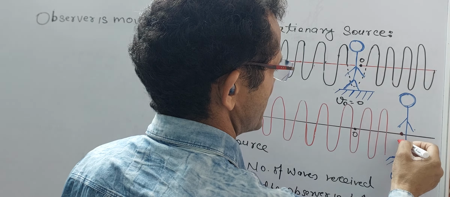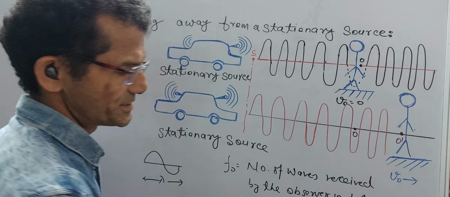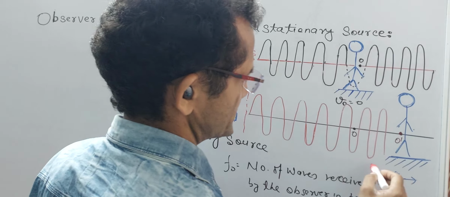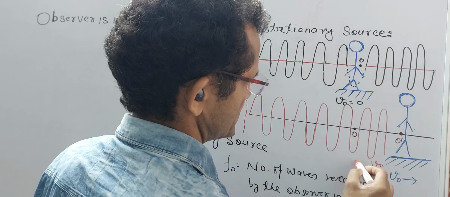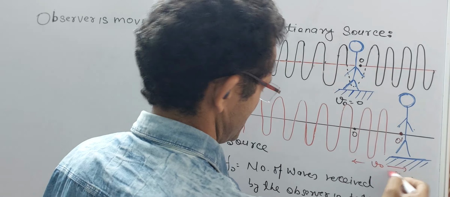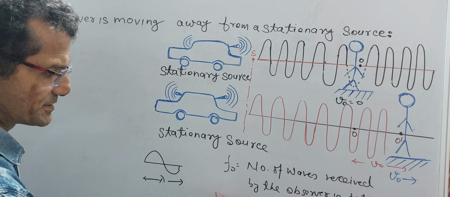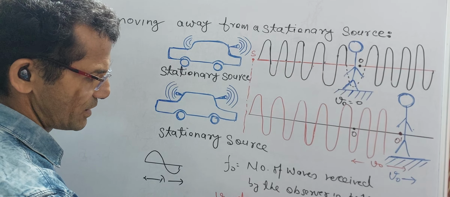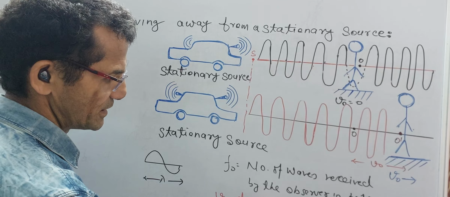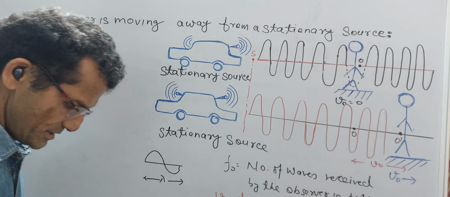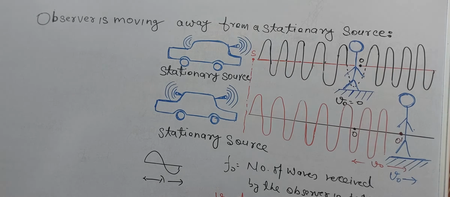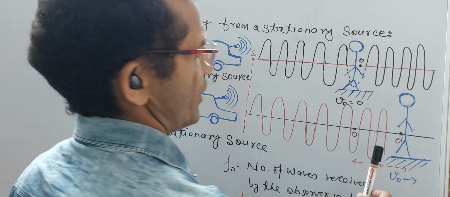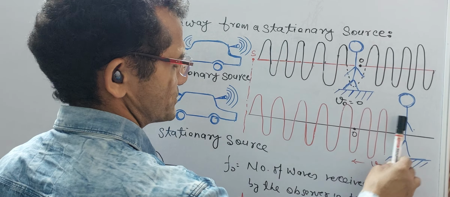Now this is O, and this is O dash. So the distance traveled by this observer in 1 second is d. We know that velocity V0 is equal to the distance traveled by the observer divided by time t, and our time is 1 second. Therefore d is equal to V0. In 1 second the observer moves a distance of this much.